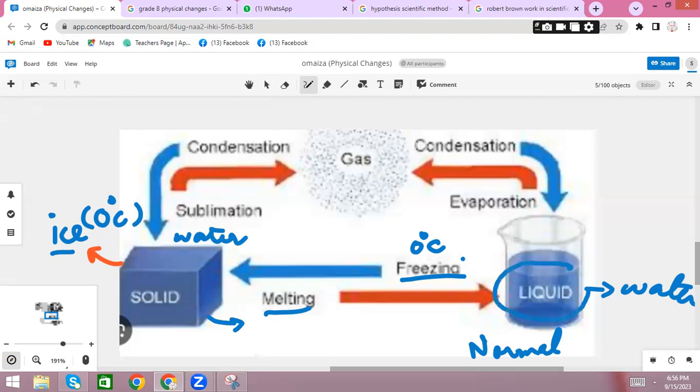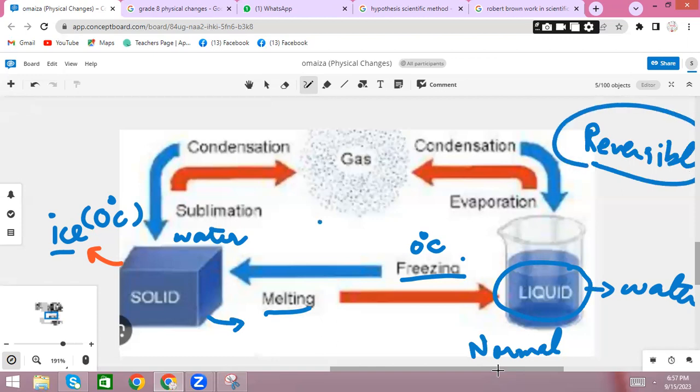So here you have one more thing to keep in your mind: this reaction is a reversible reaction. You can convert water into ice and ice into water.